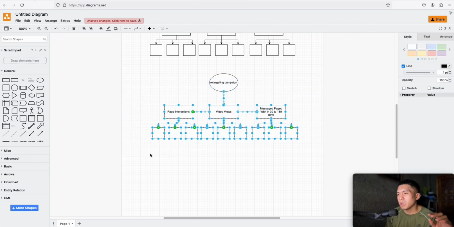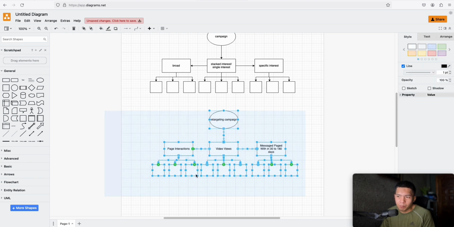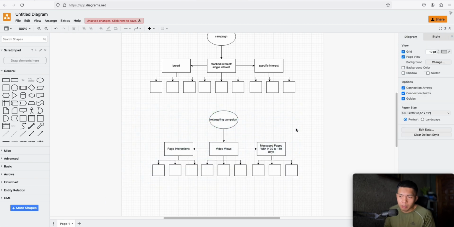So sometimes the ad cost would be a lot higher than the prospecting campaign, since we are targeting old audience.